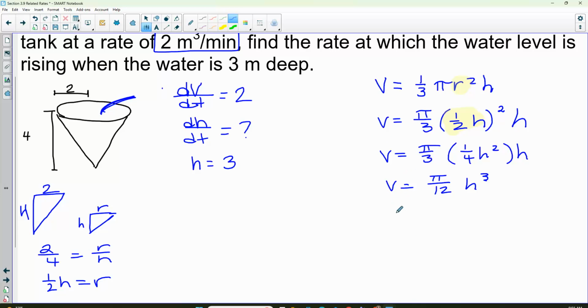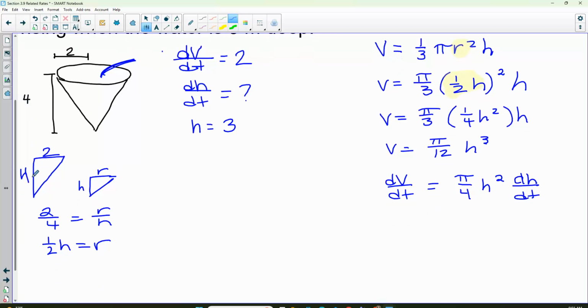Derivative of V is, okay, over here, if I bring down my 3, pi over 12 times 3 is pi over 4 h squared, and that would get a dh/dt with it.